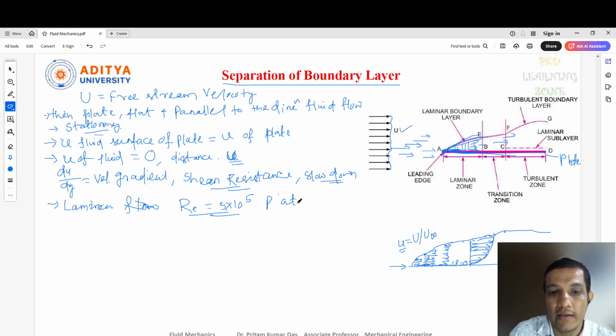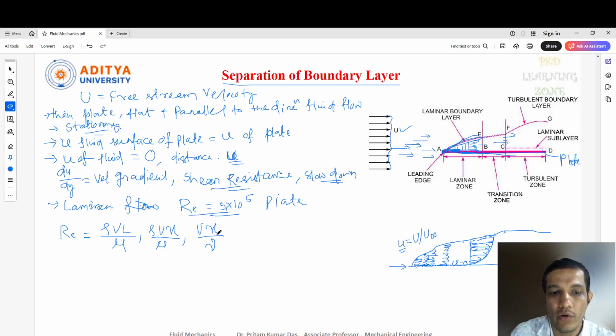And we know the Reynolds number formula. Previously we have written rho V D by mu. Now here diameter is not there, so we write rho V L by mu, or rho V x by mu, or V x by nu.